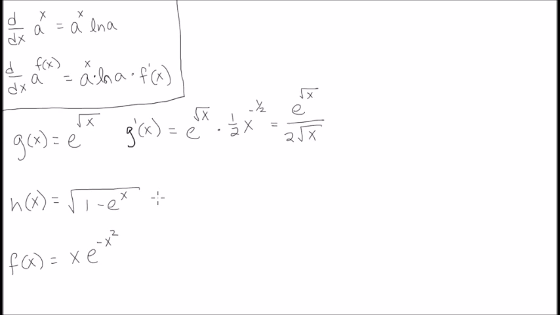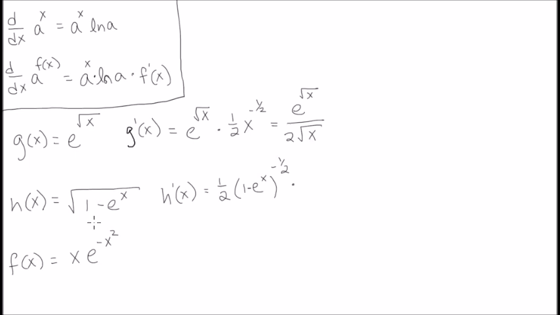For this second term, we now have a case where we need to apply the chain rule. So h prime, the derivative of h with respect to x, is going to be equal to 1/2 times 1 minus e to the x, to the negative 1/2 power, times the derivative of this term inside.